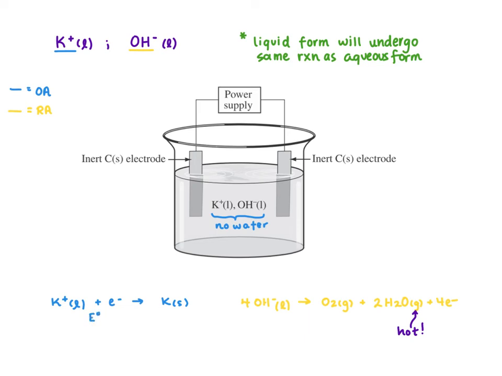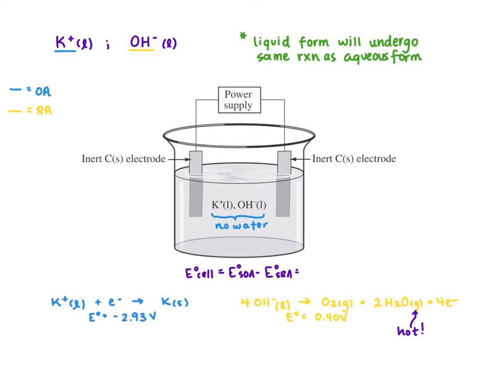So the E naught value for the reduction of potassium is negative 2.93 volts. Potassium, not a great oxidizing agent. And the E naught value for the oxidation of hydroxide is positive 0.40 volts. So this is going to be a little bit different than what we've seen in the past, where my E cell value is actually going to be negative. So I'm going to take the strongest oxidizing agent value and subtract the strongest reducing agent value.